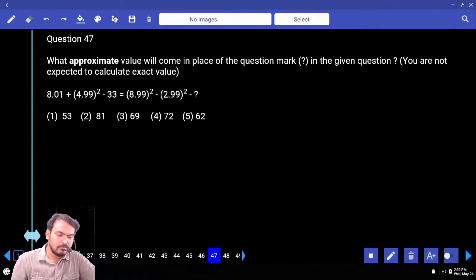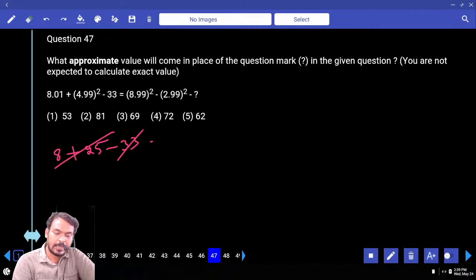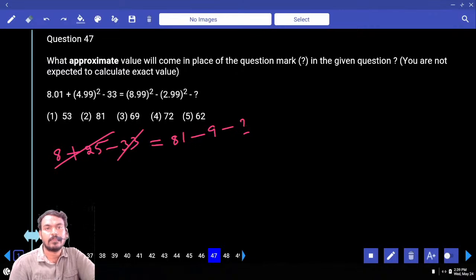Next. First one 8. Second one 25 minus 33. Cancel or not? Next right hand side 9 square, 81 minus 9 minus something or not? Then something equal to 72.